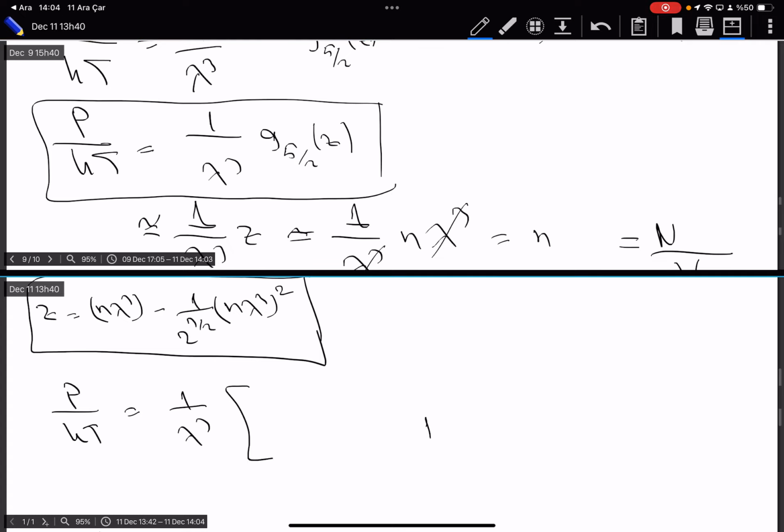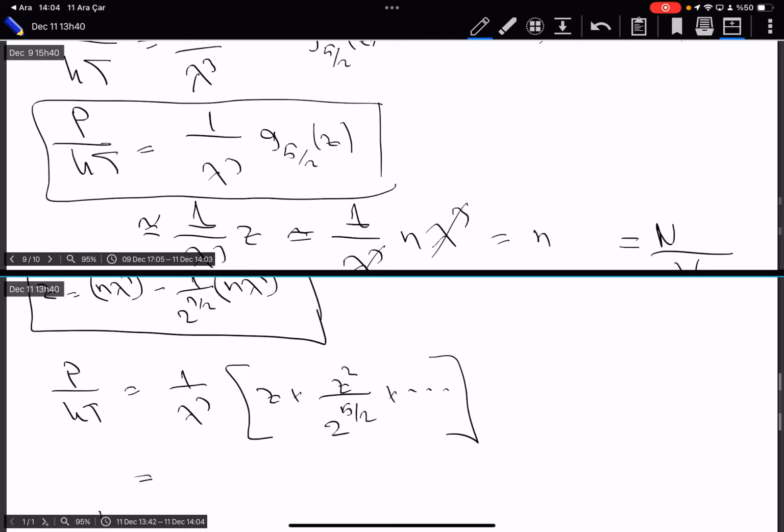So G5 over 2 of Z, I already know what that is. That is Z plus Z squared divided by 2 to the power 5 over 2 plus other terms. But I already know what Z is.